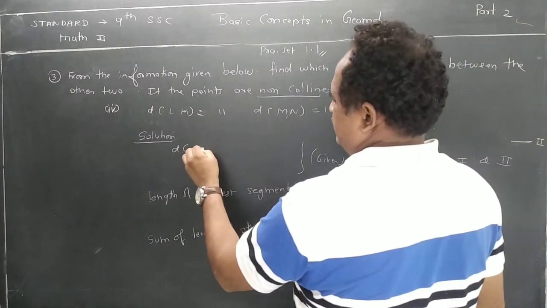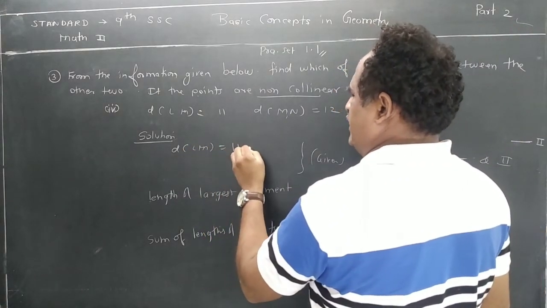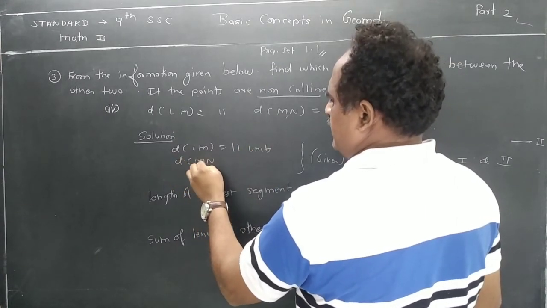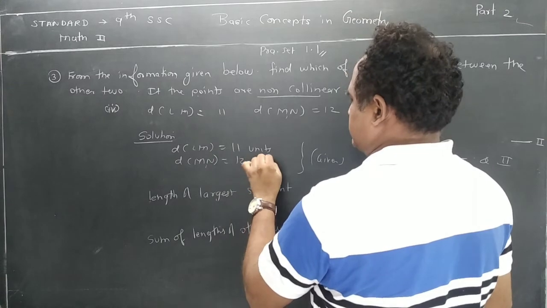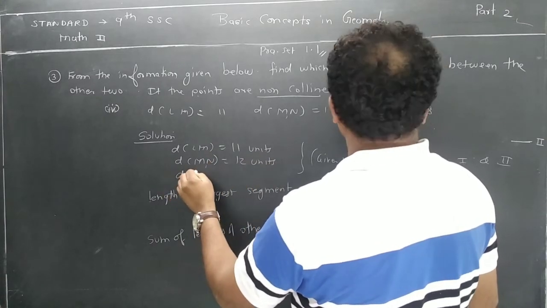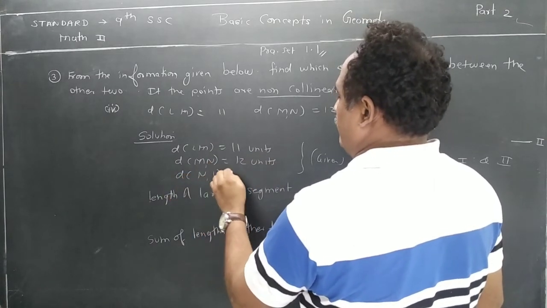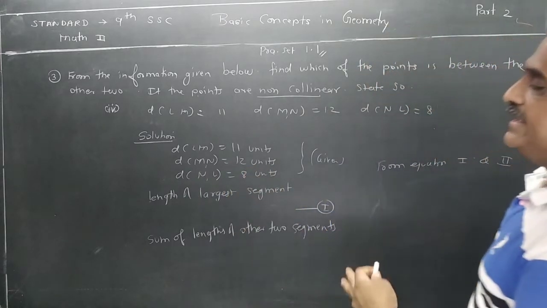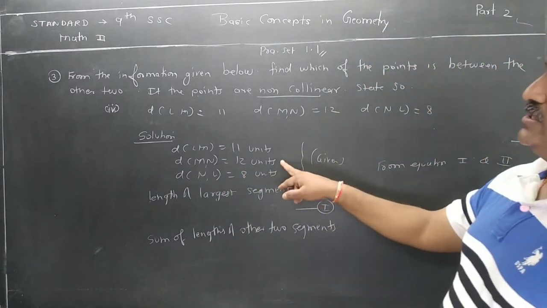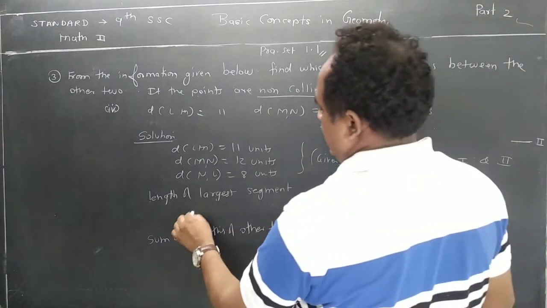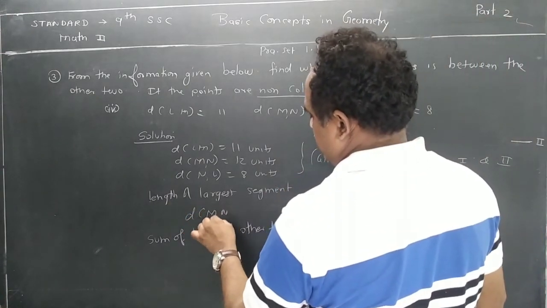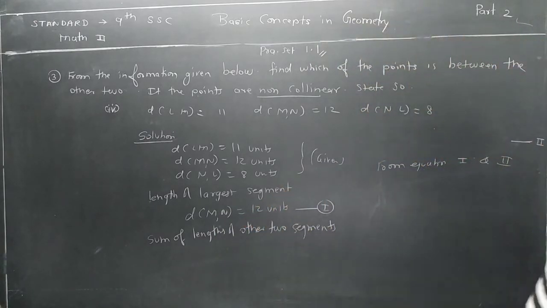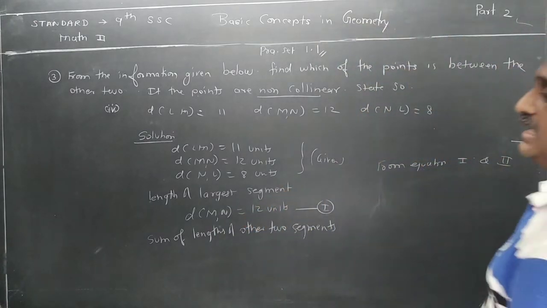Distance LM is equal to 11 units. Distance MN is given as 12 units. Distance NL is what? 8 units. You can easily judge that this one is the largest. So distance between point M and N is equal to 12 units. And what is the sum of the length of other two segments there?